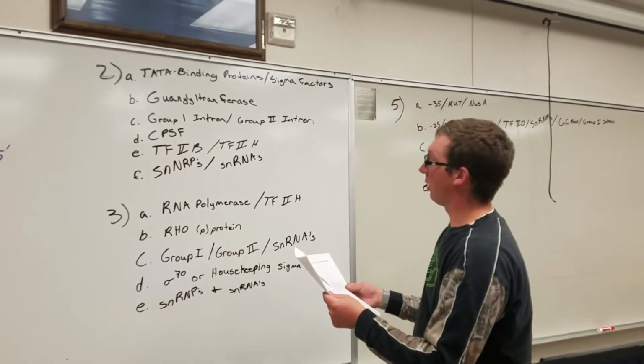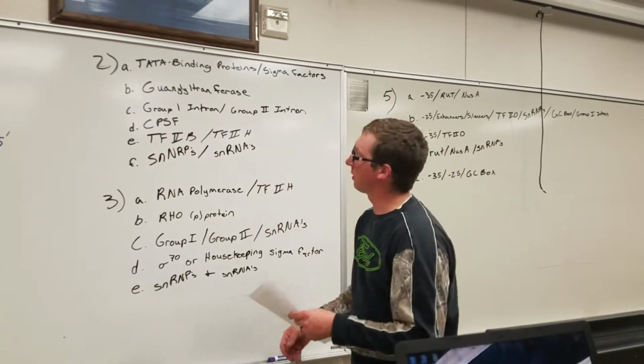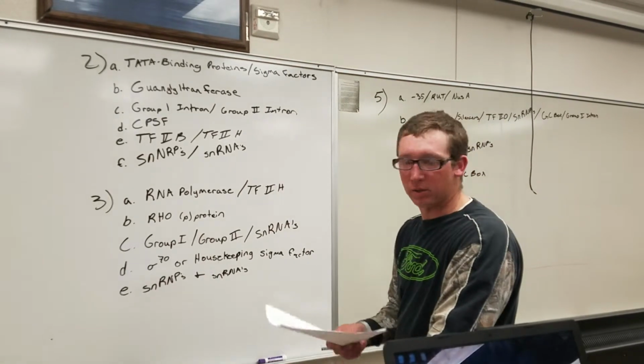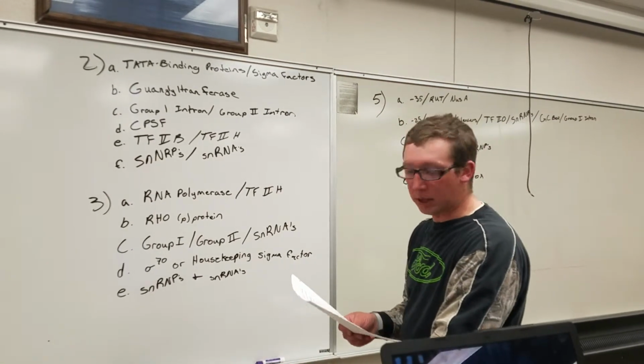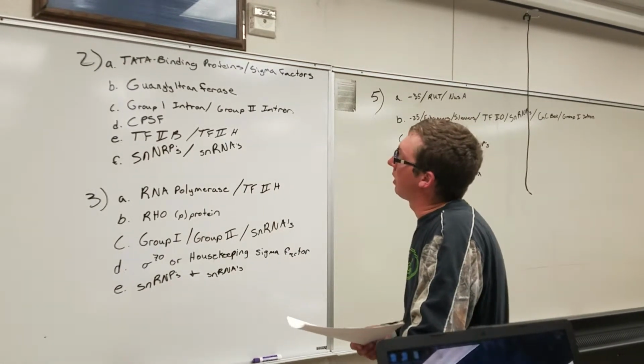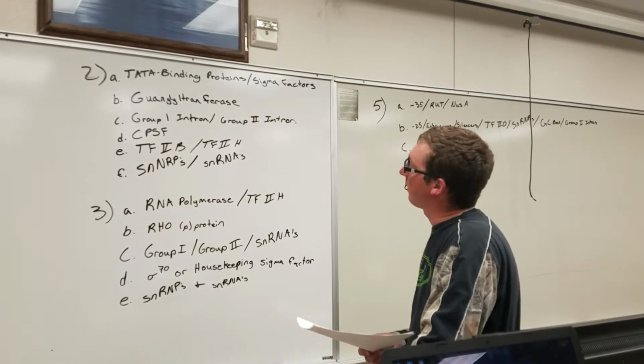All right, so I have the remainder of the questions, so bear with me for a little bit. So for 2, that was our vocab, fill in the blanks. I'm just going to give you the answers that we got and spare you the time of reading the actual questions. For A, we got our TATA binding proteins and our sigma factors.